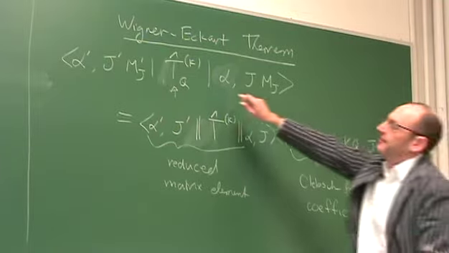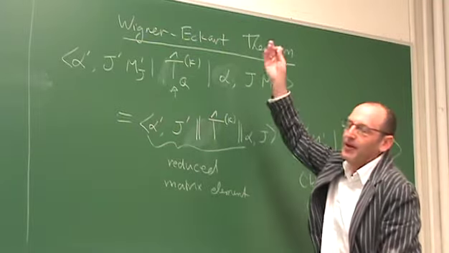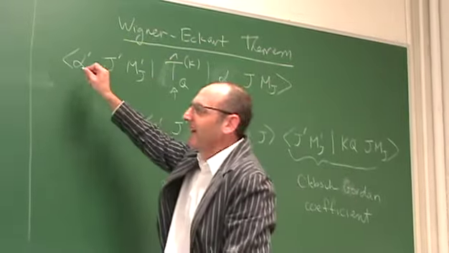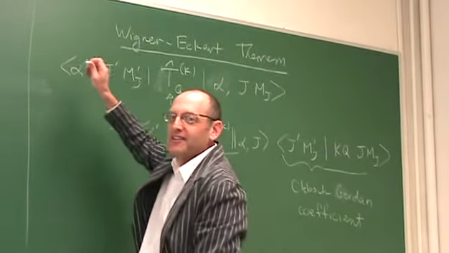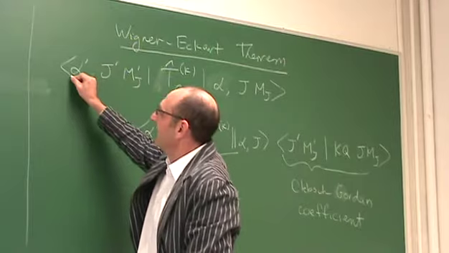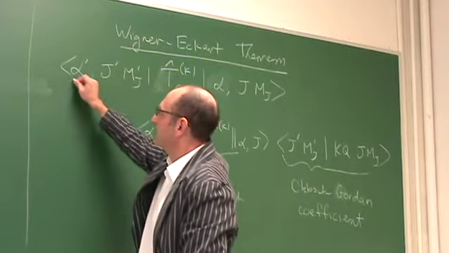Alpha here is just, why we call it alpha, who the heck knows, but I guess Wigner called it alpha and everyone followed his lead. This just means any other quantum numbers.